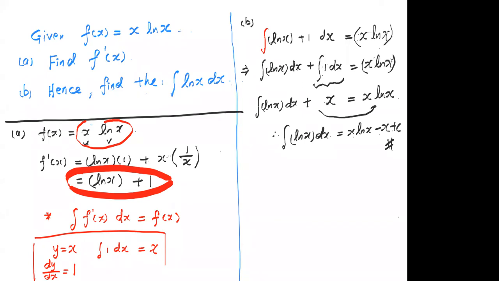So when you show, which step must you show to the examiner that you understand antiderivative? The very first step, here. If this part is 3 marks and you show the very first step, you get 1 mark already. The rest is modification.